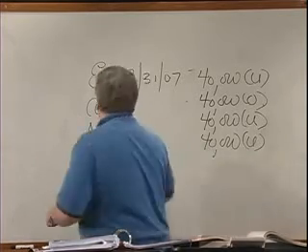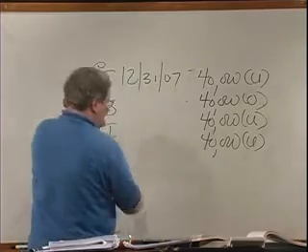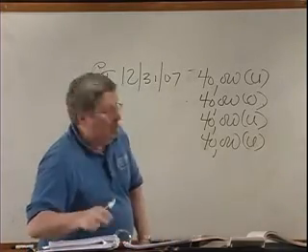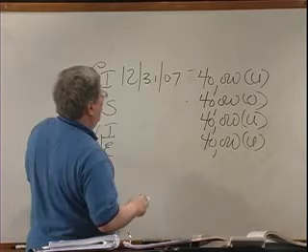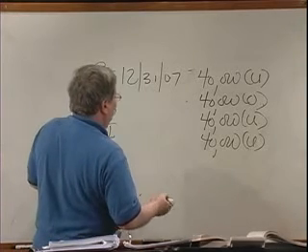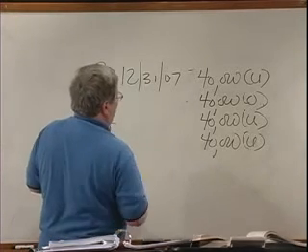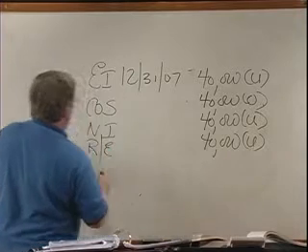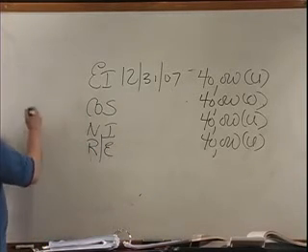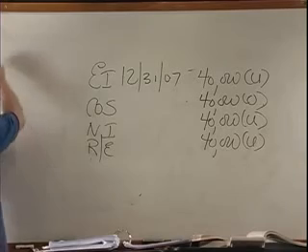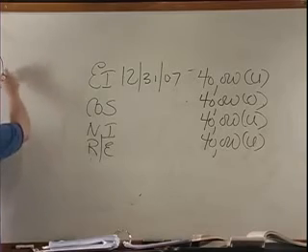So what we do is this. We take our retained earnings, $40,000. Now, we're going to adjust our beginning retained earnings.